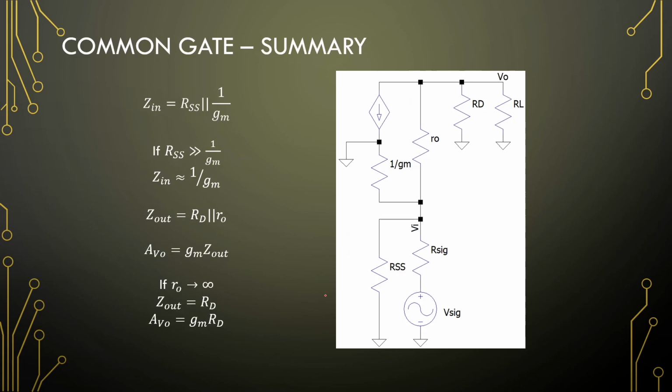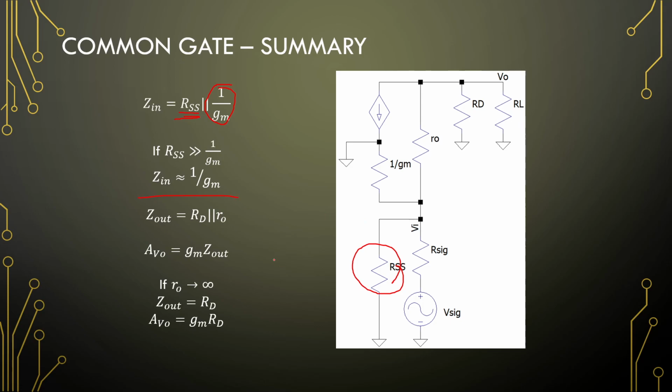So in summary, before we look at the simulations, the input impedance is RS parallel to 1 over GM. If you use a current source here to bias this, input impedance will be just 1 over GM. So the much greater RS can go, the much closer to 1 over GM this input impedance will become.